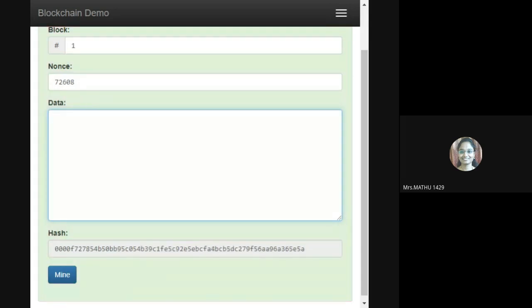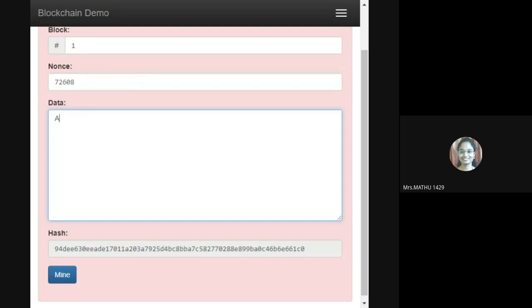The nonce value that is available here is for the data that is already mined and validated. For that verified data, this nonce value has been generated. Now, if I try to change anything, then the hash value will change and it is not meeting the requirements of this particular nonce value.